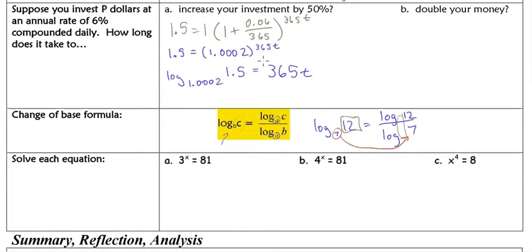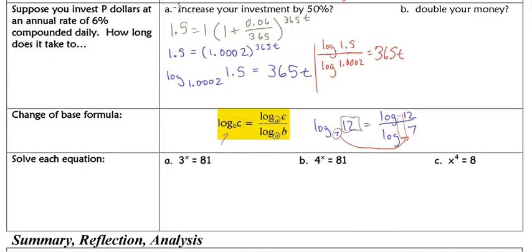Now, if we were to convert this using change of base, this is going to become, write it in red now, log base 10 of 1.5 divided by log base 10 of 1.0002 is equal to 365t. Okay. Now for here, go ahead and use your calculator.